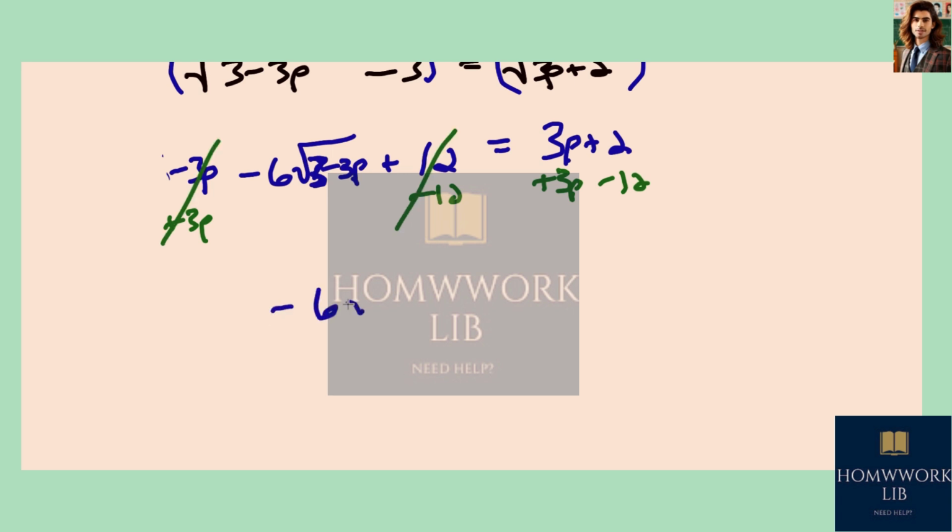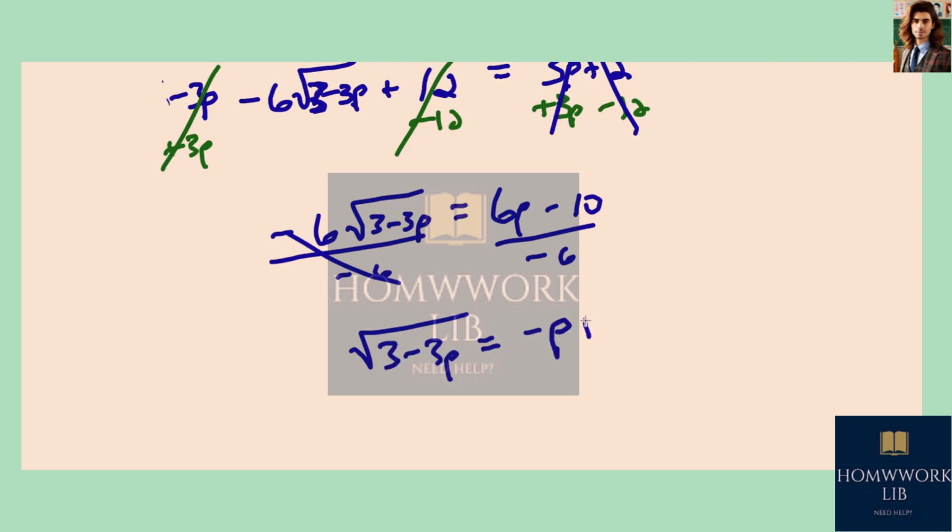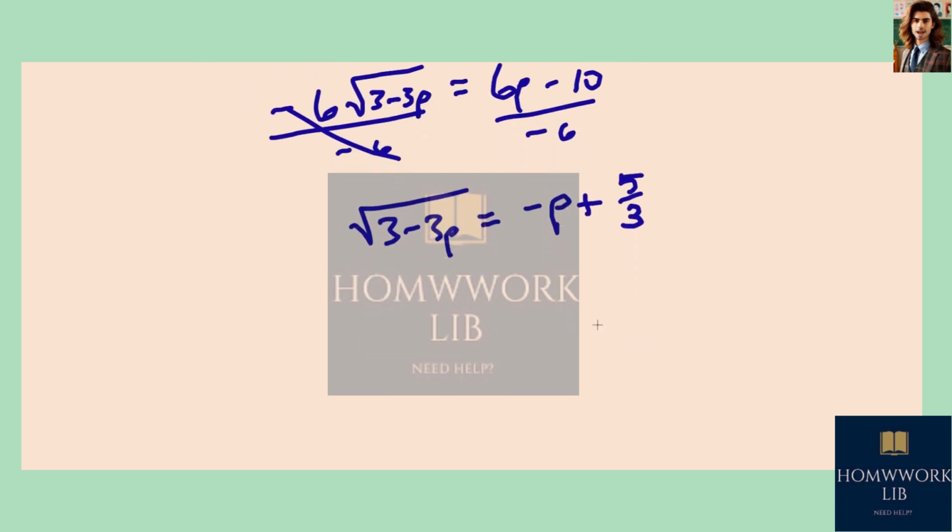That'll give us negative 6 times the square root of 3 minus 3p on the left and 6p minus 10 on the right. Divide everything by negative 6, and we'll get the square root of 3 minus 3p on the left, negative p plus 5/3, because that would be 10/6 on the right.